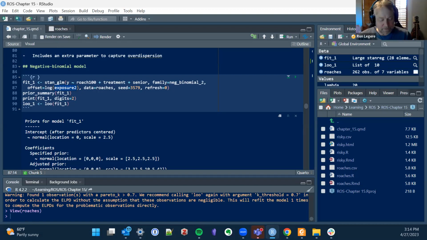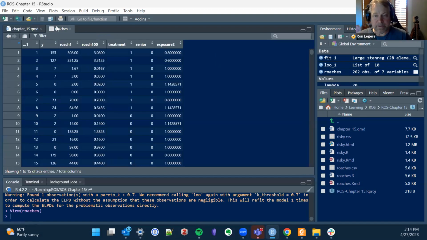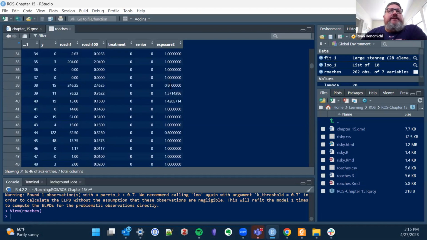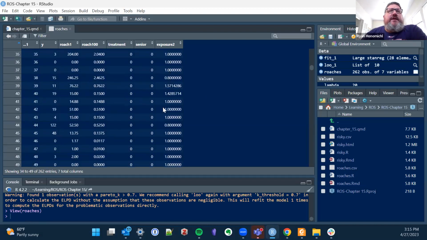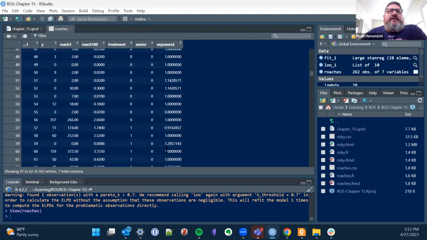So roach100 is the previous roach level, and y is the predicted, right? y is just y, but what it actually represents is the post-treatment roaches. It looks like exposure2 is an integer. I guess this can't be the number of days, right? Or what do you think?